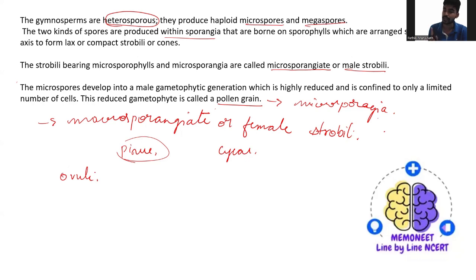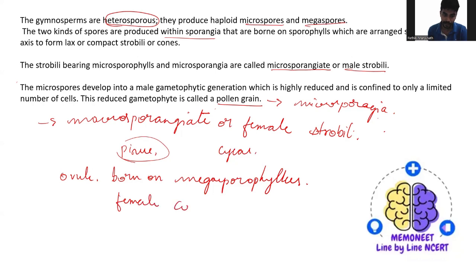And these ovules are born on megasporophylls, which may be either clustered or form the female cones. So this is clear now.